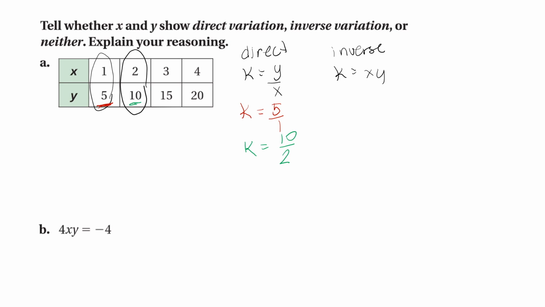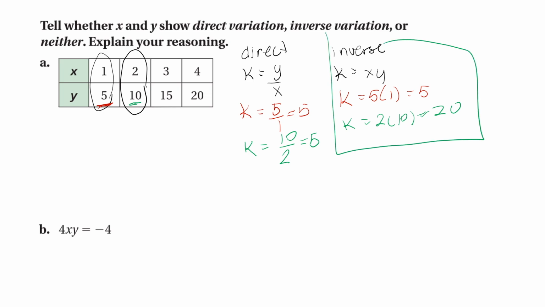I can see that both of those are equal to 5. Now, if I look at the inverse variation and multiply them, 5 times 1 is 5, but it's not constant here. 2 times 10 is 20. So it's not inverse because we didn't get a constant k. So that would make this a direct variation.